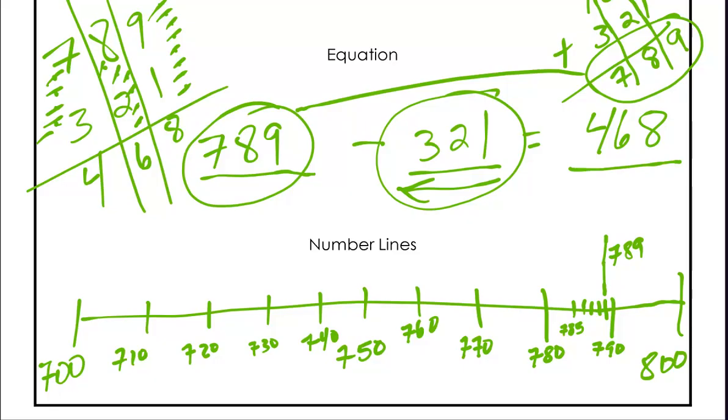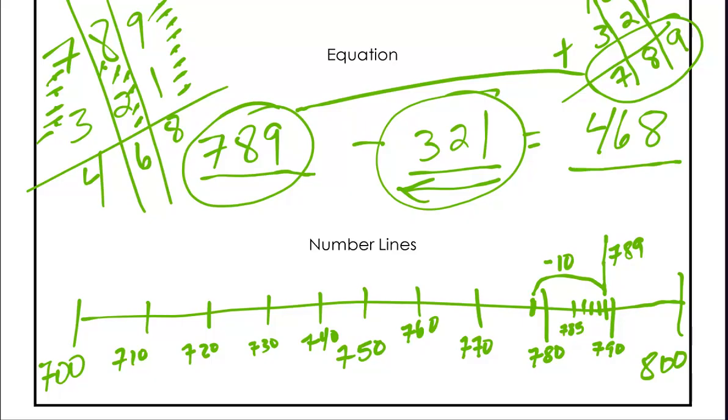So what I want to do first is I'm going to work with 21. I'm going to work with tens first, okay? So 789, if I take 10 away, that's going to be 779. So 779 would be about here. So this would be a jump, and that would be minus 10. Okay.